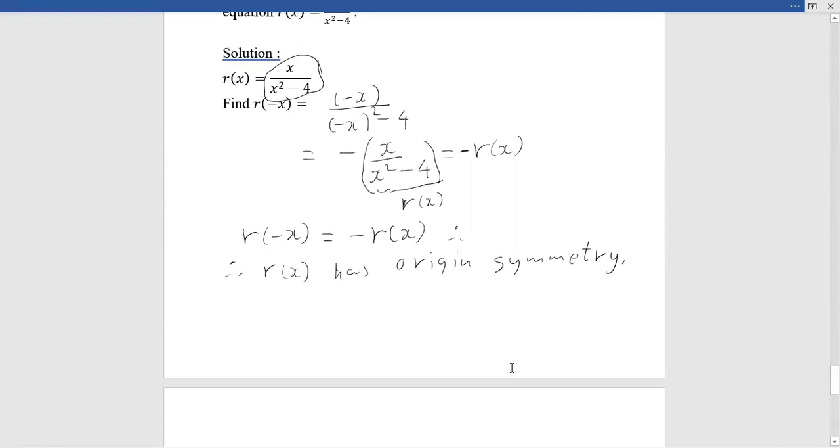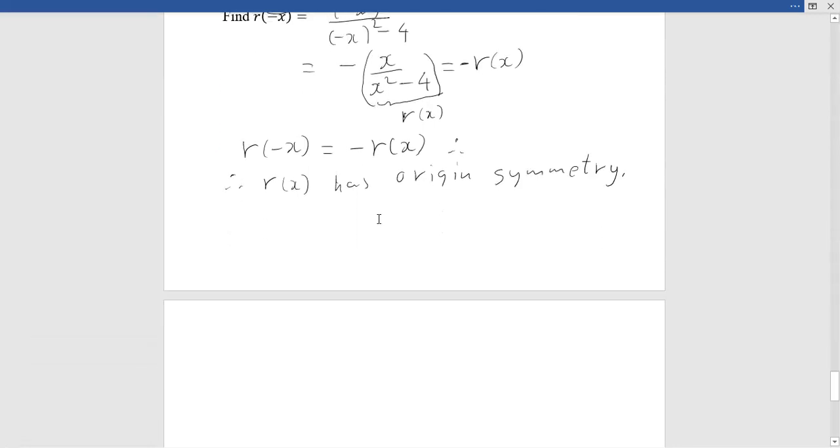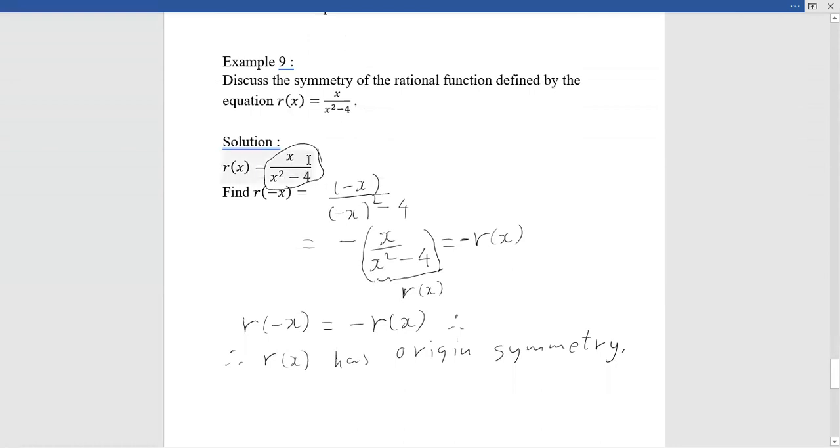Here we don't sketch the graph, but it is good to know what type of graph we get here. This function is 0 when the numerator is 0; we're going to discuss this again in section 2.